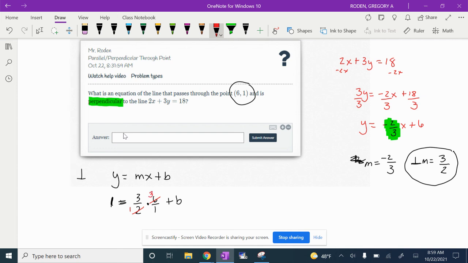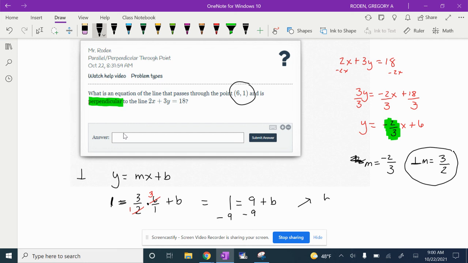Am I right there? All right. And then I multiply straight across. So let me go over here, switch to my pen color. So I multiply straight across, so I get 1 equals 3 times 3 is 9, 9/1 plus b. Then I solve for b. So I get 1 minus 9. 1 minus 9 is what?